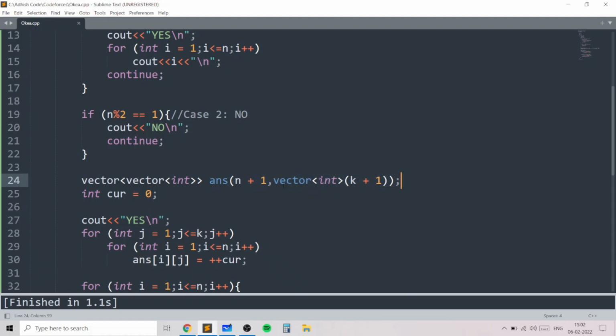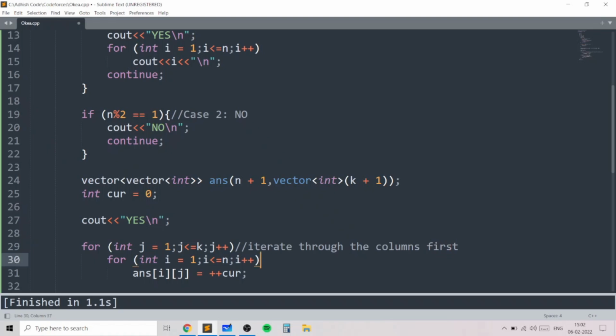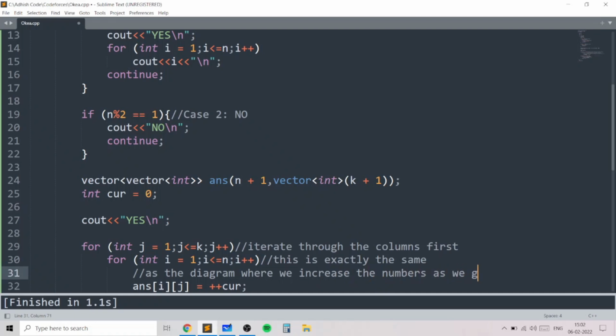In that case, we create the vector of answers, and what we are essentially doing in this loop is setting answer of i comma j to be the current value, and we increase the current value by 1, where we are iterating through the columns first. This is exactly the same as the diagram where we increase the number as we go down the columns.